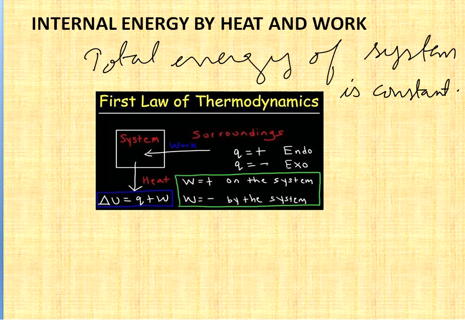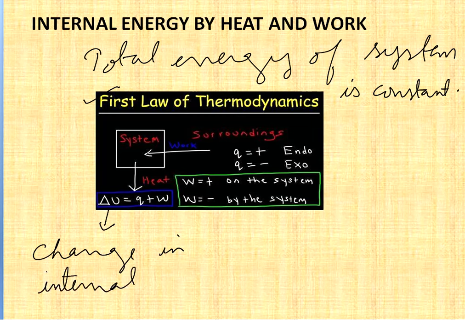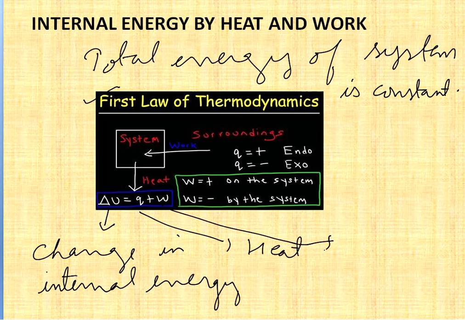This is the first law of thermodynamics, which gives delta U, the change in internal energy, equals Q, the heat coming in or going out of the system, plus W, the work done on the system or by the system. Clear?